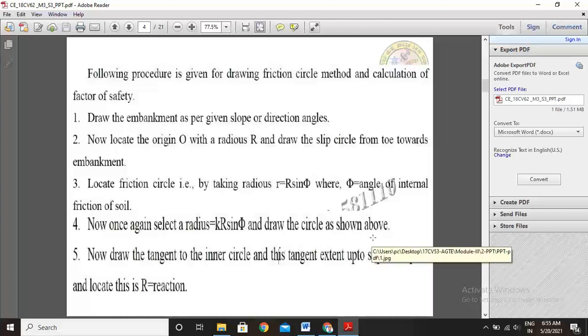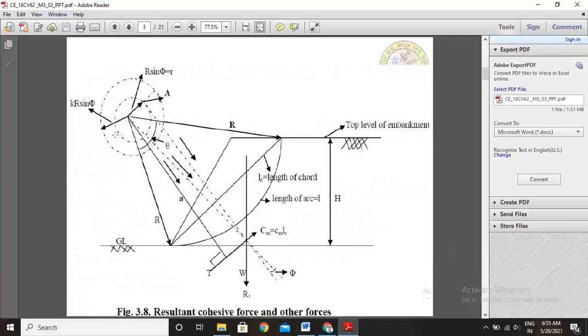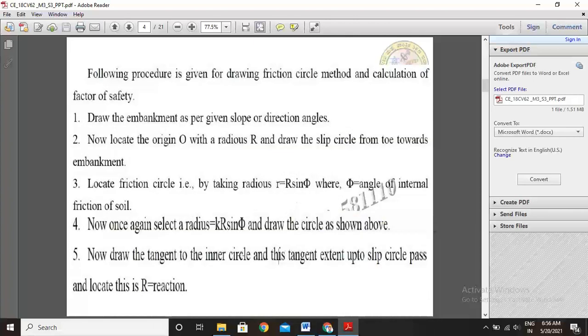This value k is given, it is a constant. Take this value as a radius, from here to here, and draw the circle once again. Next, draw the tangent to the inner circle and extend this tangent up to the slip circle path, and locate this reaction R dash.